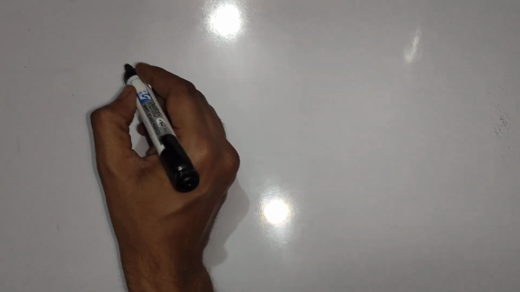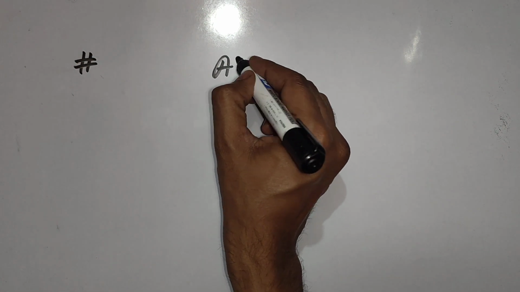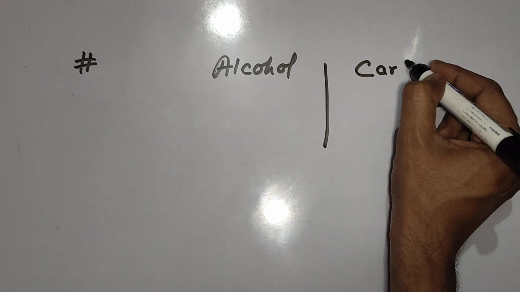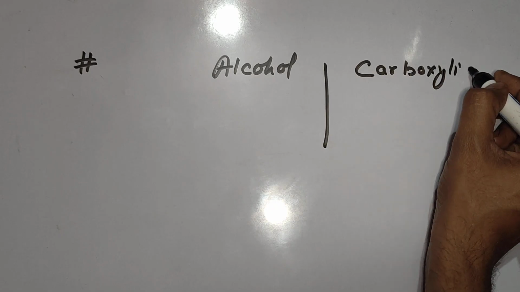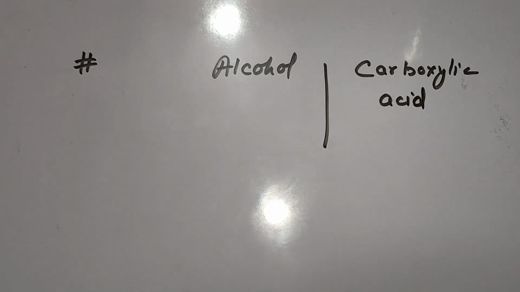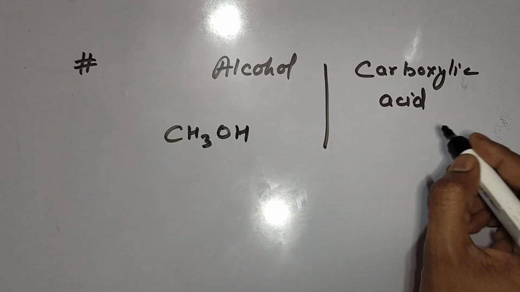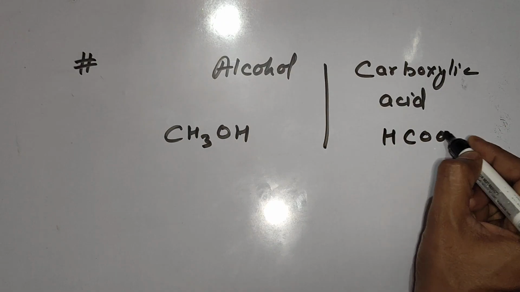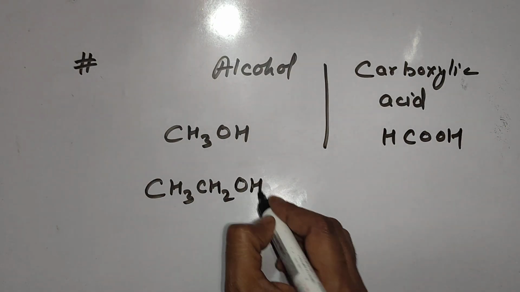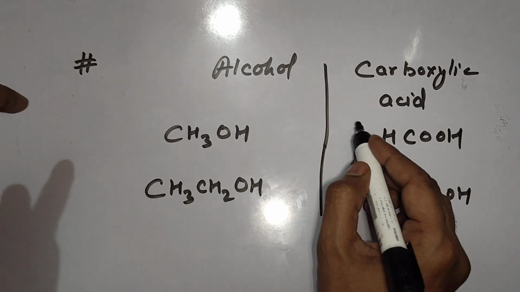Next point. Alcohol, very important point, and carboxylic acid. If I am using alcohol CH3OH and carboxylic acid HCOOH, and alcohol CH3CH2OH and carboxylic acid CH3COOH, what is the difference?